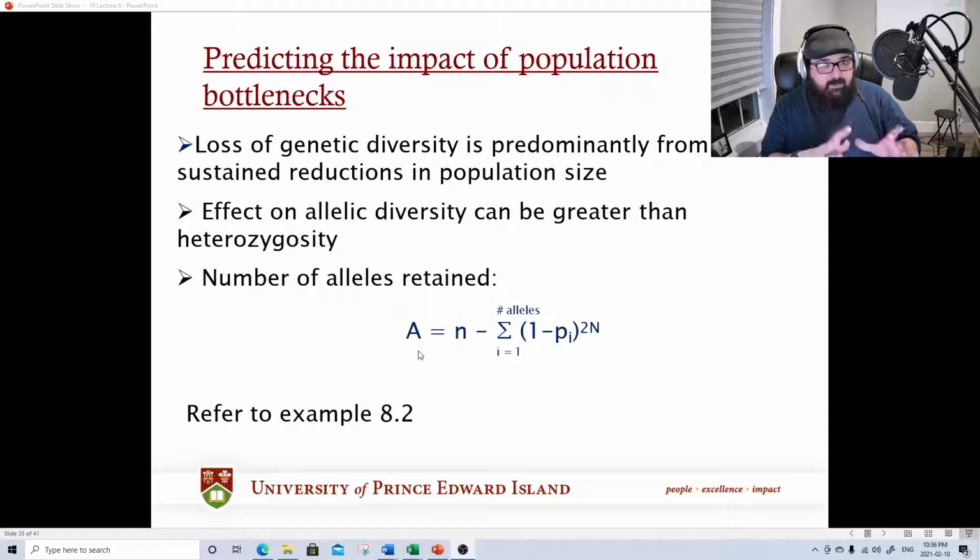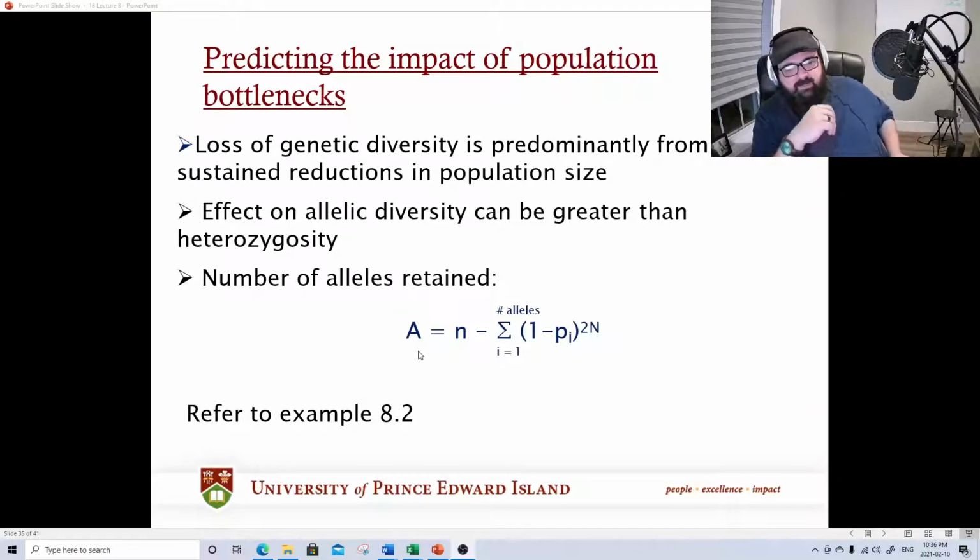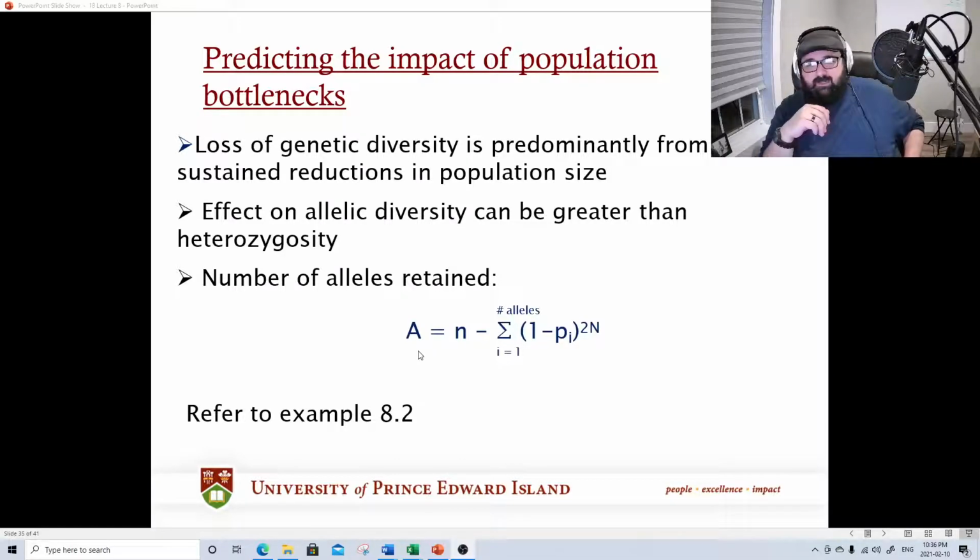And you're going to lose alleles before you lose heterozygosity. So again, the equation for that: number of alleles retained equals n minus sigma of 1 minus pi to the power of 2n. Have a look at example 8.2 in the book. It shows you how to do this. Again, this is something I'll test you on.